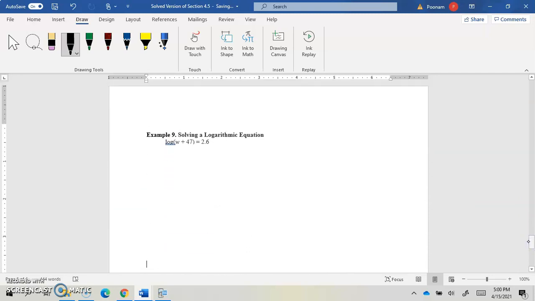Let's look at example number 9. Again, we have one log term on one side and the other side is just a constant, but this is a common log. So when I see something like this written, I know even if the base is not written, this is 10, right? So by definition, we have 10 raised to power 2.6 should be equal to W plus 47.